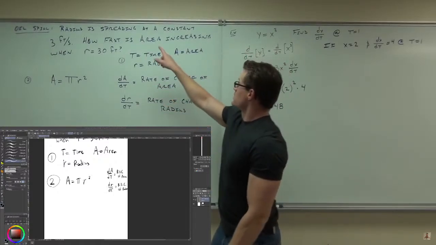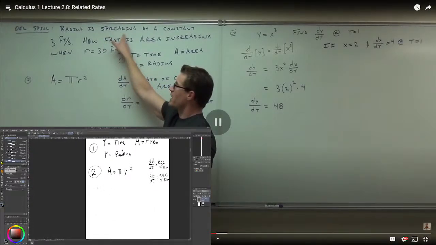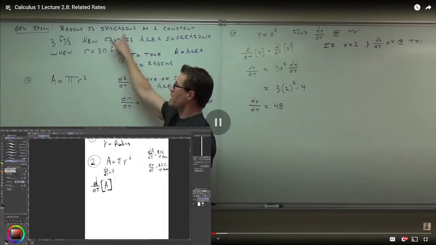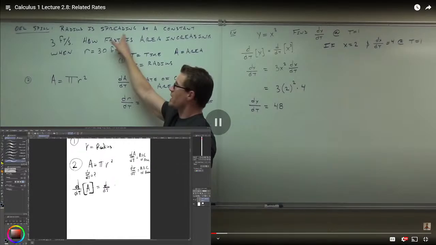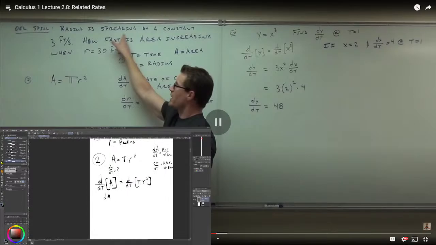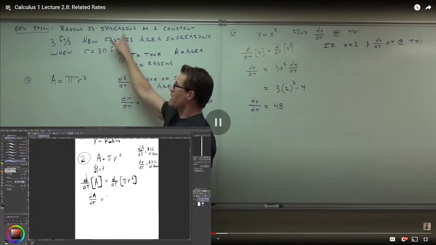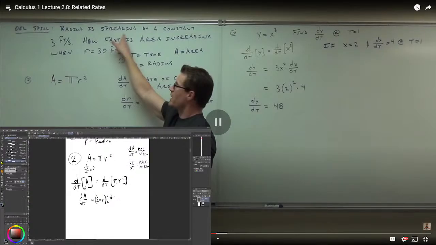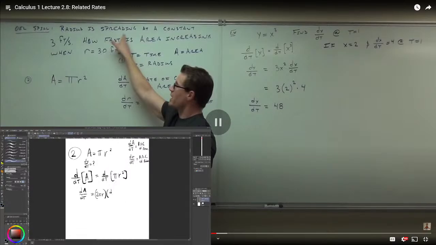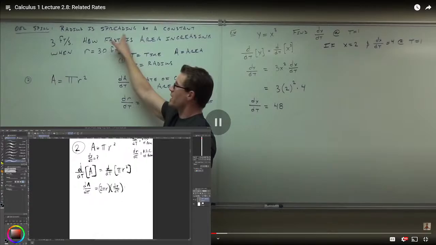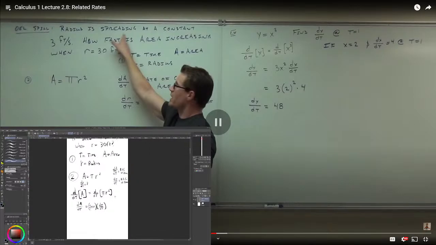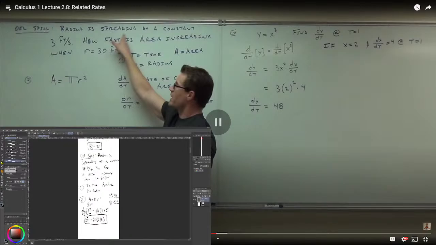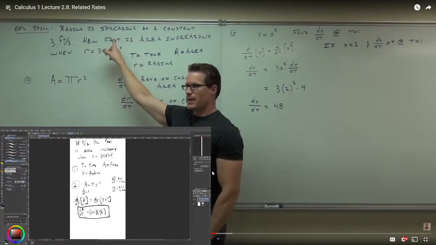It says the radius is changing at a constant 3 feet a second.